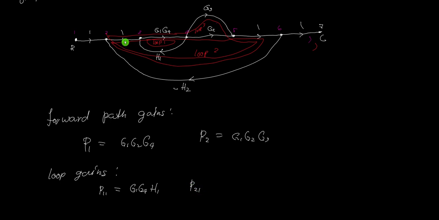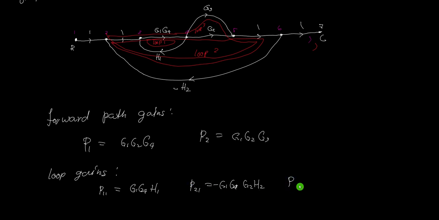So for the second loop, we have from here to here and go back. So here, 1 times G1 times G4. And you go to that times G2. Then 1. Then you go back. It's negative H2. So minus H2. And that will be P21.